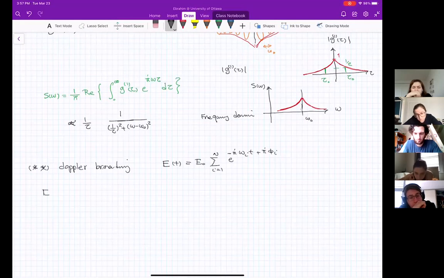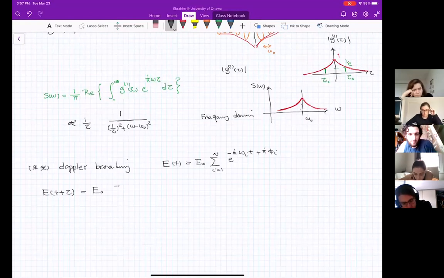So Felix, can you tell me what is E(t plus tau) now for this function? It is E0, the sum i to n, e to the negative i omega times t plus tau, which is minus i omega_i tau, right?